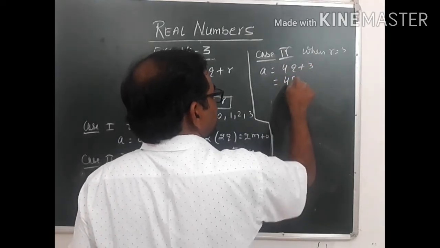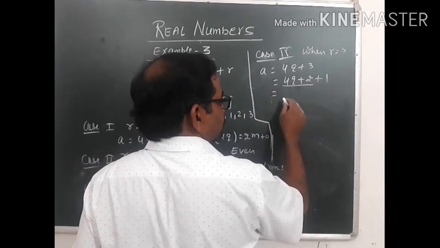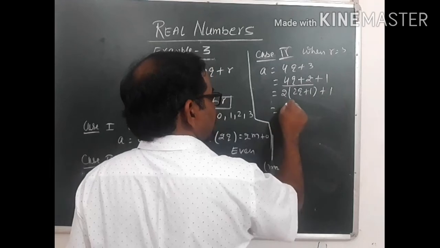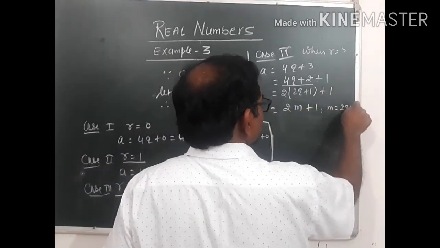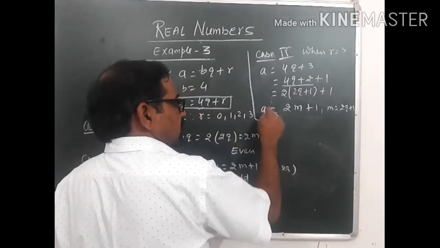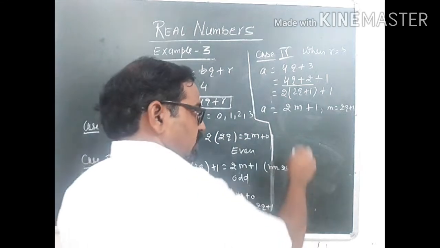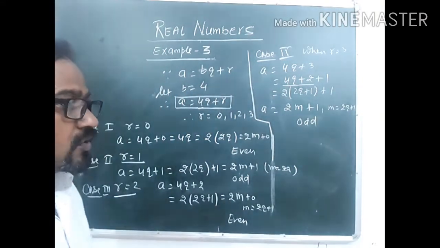And this can be written as 4q plus 2 plus 1. And taking 2 common from this, 2 into 2q plus 1, plus 1. And now we can write 2m plus 1, where m equals 2q plus 1. It means when divided by 2, the remainder is 1. So it is an odd integer.